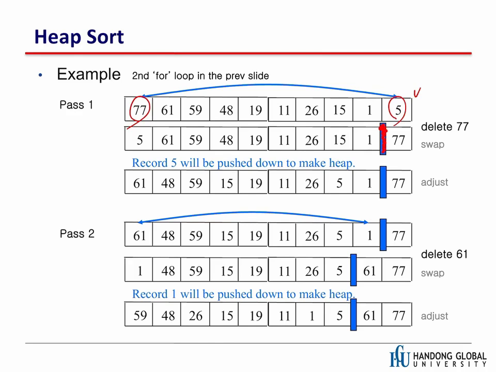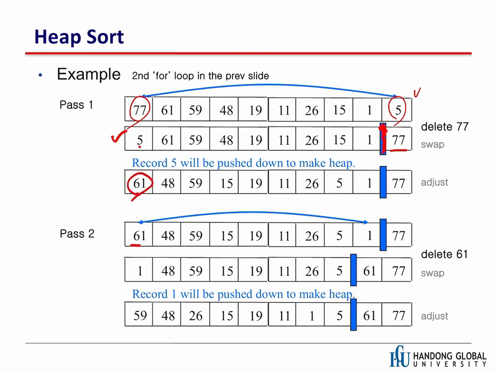It's kind of deleting from the max heap. And then we have this blue bar. So on the left side, we have the max heap. On the right side, we have a sorted sublist. So 77 is the sorted sublist, and the 5 is in the root node. So now this is not a max heap, but just a complete binary tree.